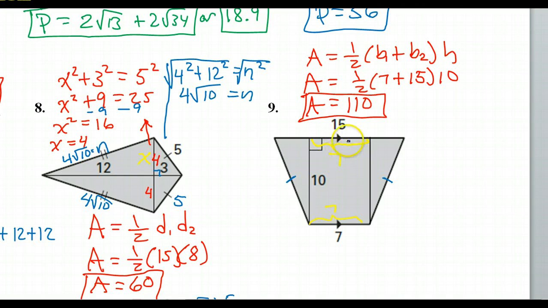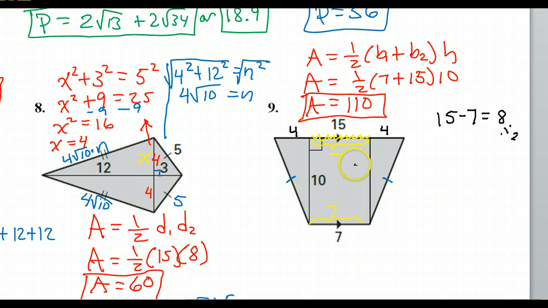Now, if I subtract 7 away from 15, what's left? In other words, 15 minus 7, of course that's going to give me 8. Okay, that means there's 8 left over for these two sides. So I'm going to have to divide that by 2. So I'm going to wind up with 4 and 4. So think about it. If I have 4 plus 4, that's 8, plus 7 is 15. So it makes sense.